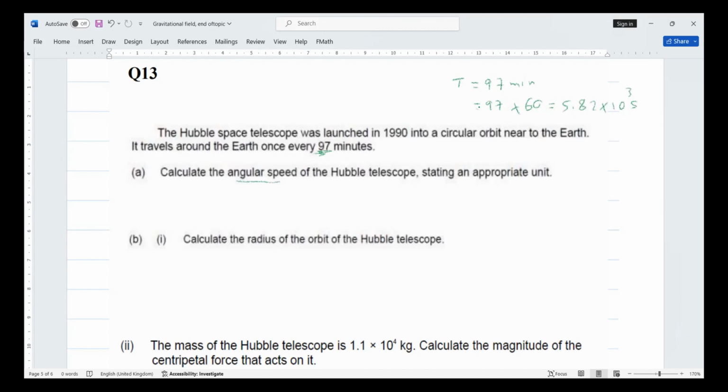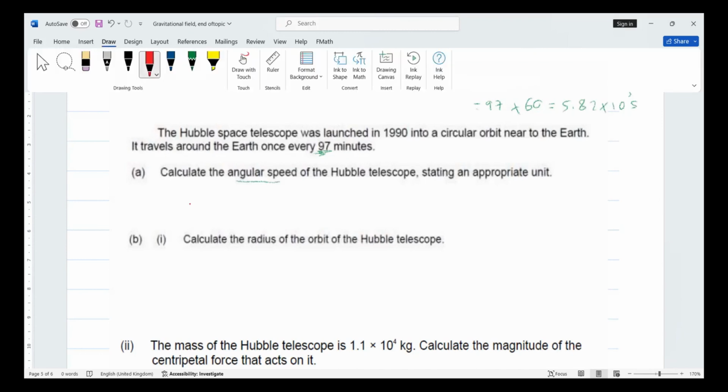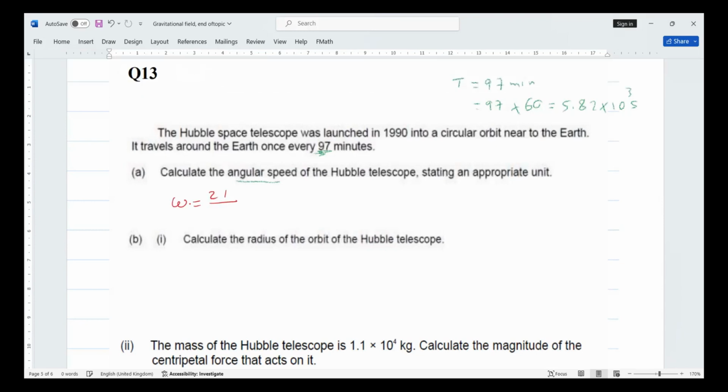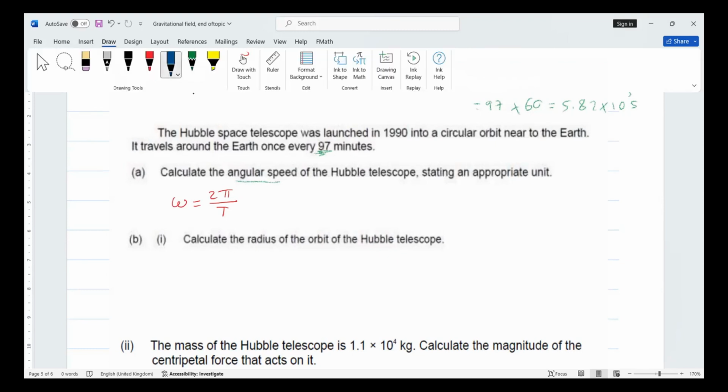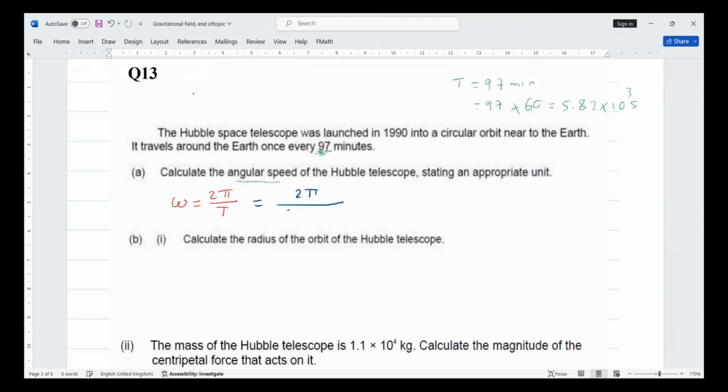Calculate the angular speed. We need omega. What is omega? Which formula do we use? Omega equals 2 pi over the time period. The time period that we calculated, so it's 2 pi divided by the time period in seconds, 5.82 multiply 10 power 3.